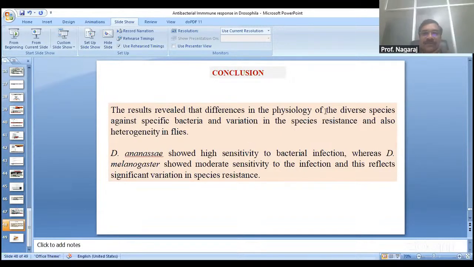The differences in the physiology of the diverse species against specific bacteria, variation in the species resistance, and also heterogeneity in flies. The concluding point is that the analyzed species show high sensitivity to bacterial infection, and this reflects significant variation in the species resistance.